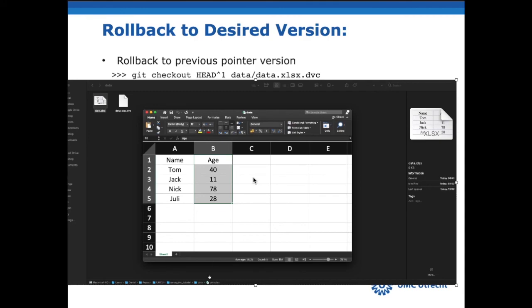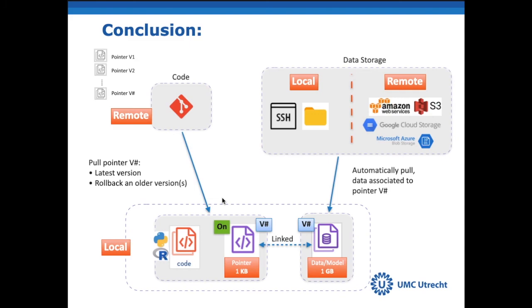So this was a very simple demo and example of how data version control works. I would do a little recap here. The components of data version control are your data file and a pointer. You connect your pointer to the data by applying dvc add. When you do that, you push your pointer to the Git repository, and you push your data file to a data store.